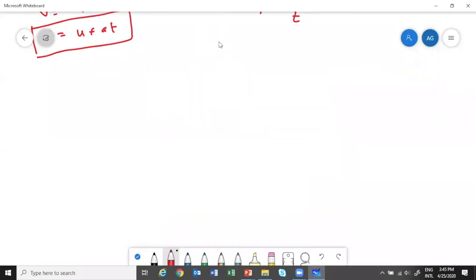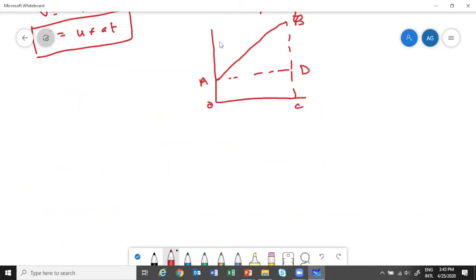The same graph. This is O, A, B, C, D, and this is E, and this is velocity, and this is time.